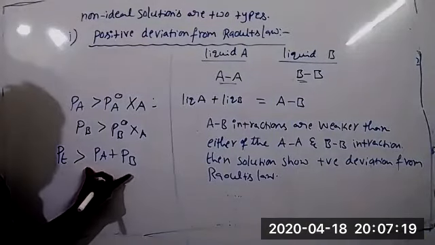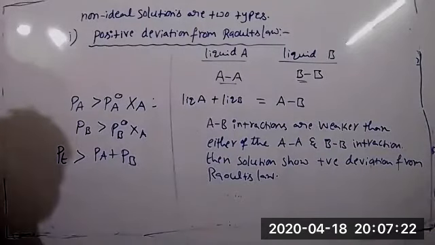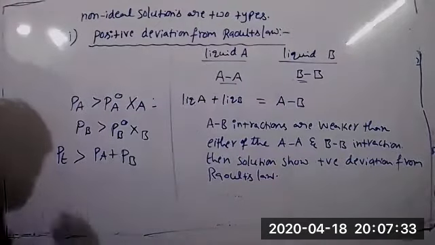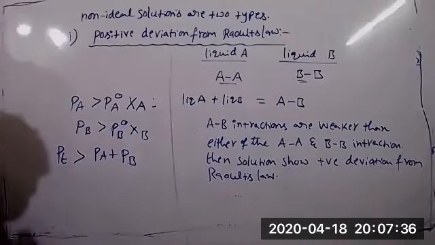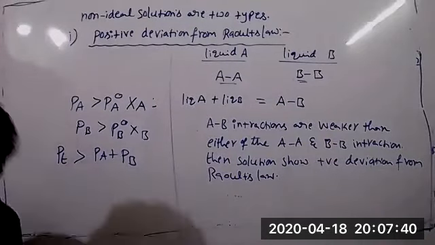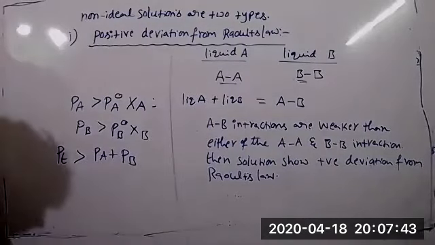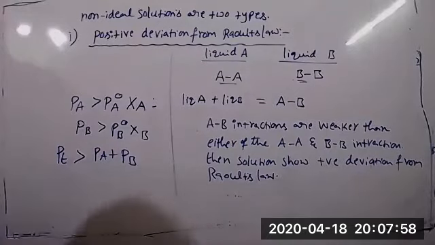Note down this also. So it's XB, right? Oh yes, PB is XB, correct. Finished, sir. Okay, now see the graph.